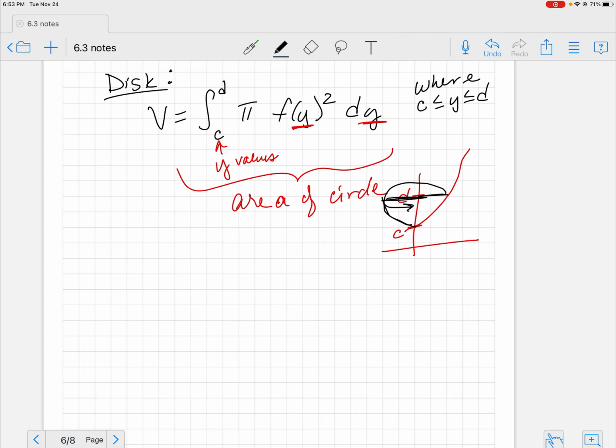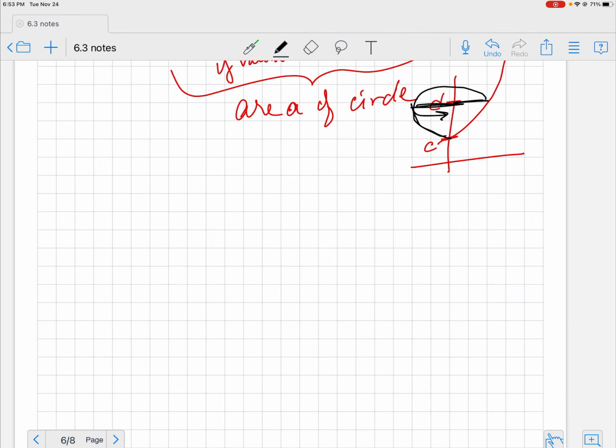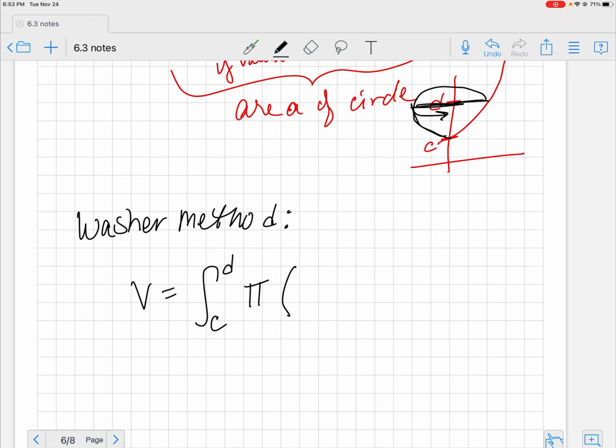By that same rationale, if I wanted the washer method, then the volume is equal to, still going from c to d, of pi, times f of y squared minus g of y squared dy.